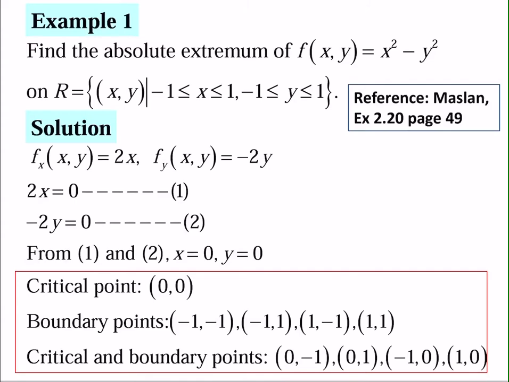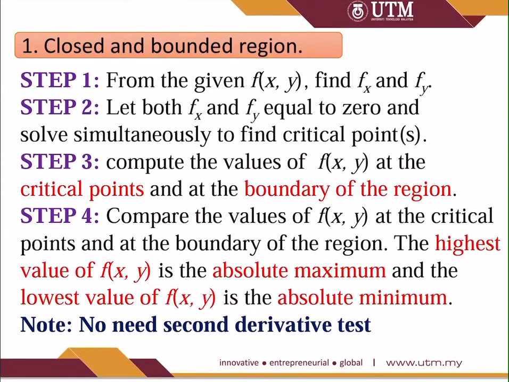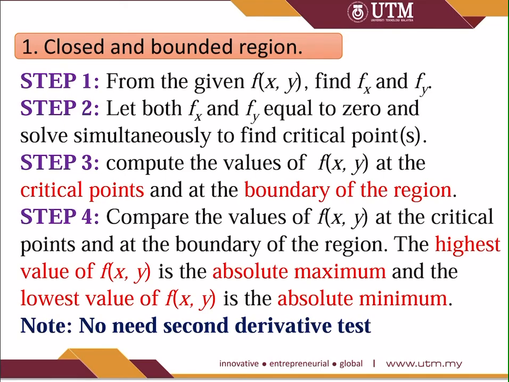We know that this type of question is referring to a closed and bounded region, because we are given x from minus 1 to 1 and y from minus 1 to 1. So it is closed and bounded, and we need to use these steps.